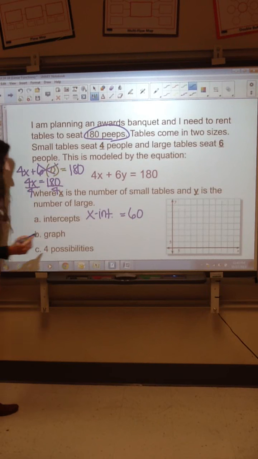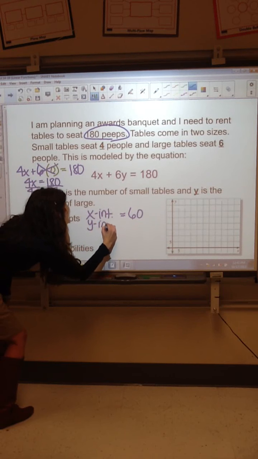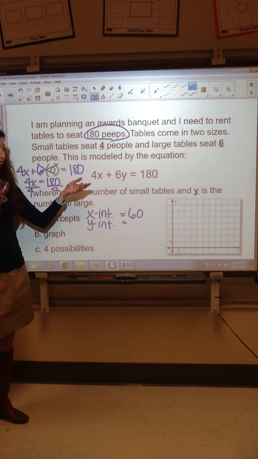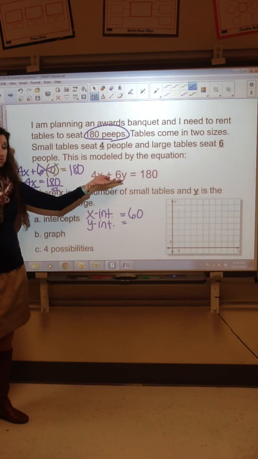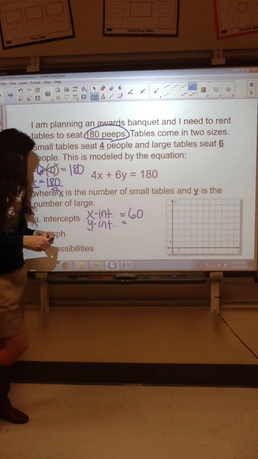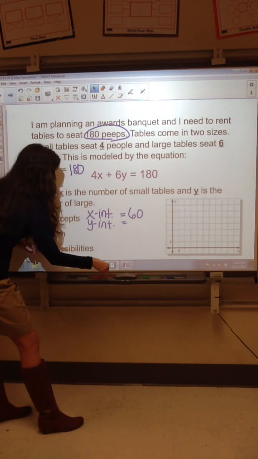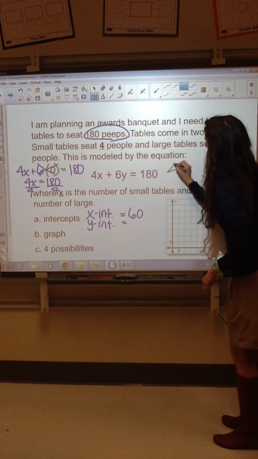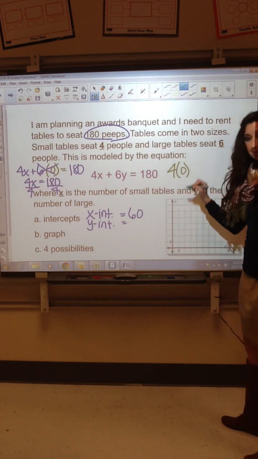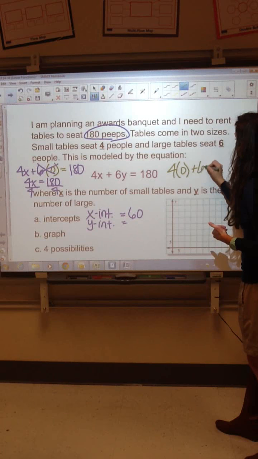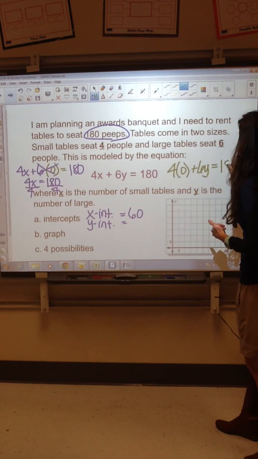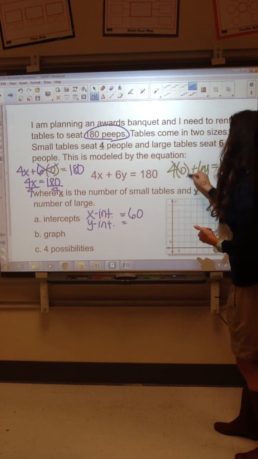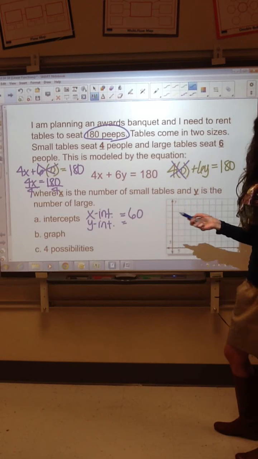Then we're going to do our y-intercept. The very same thing, only now we're plugging 0 for what letter? 0 for x, because I'm solving for y. I need my y-intercept. So, I'm going to write 4 times 0, I'm getting rid of my x, plus 6y equals 180. 4 times 0, those cancel. 6y equals 180, how do I get y by itself?